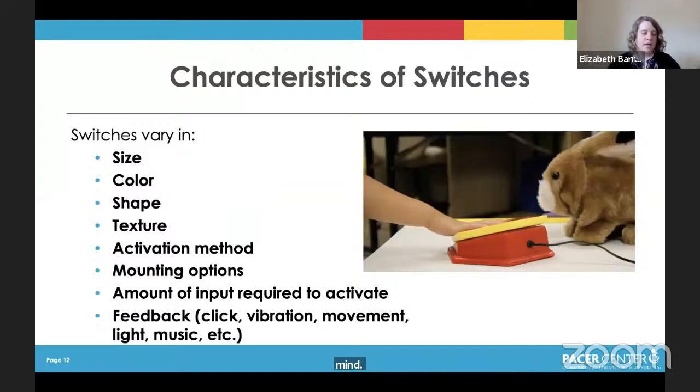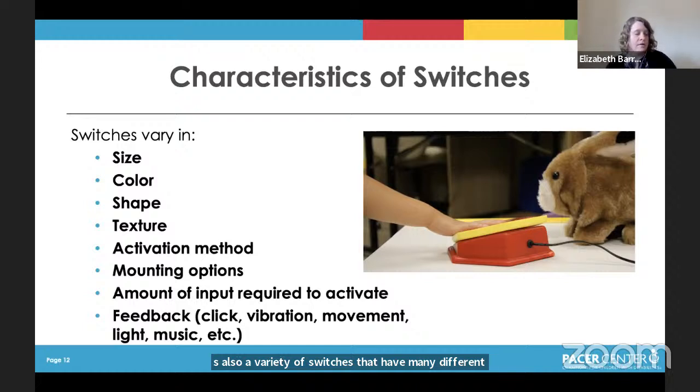All right. And as we dive into our demos here, this will definitely become apparent. But there's also a variety of switches that have many different characteristics. So they can vary in size. We will look at the jelly bean here in just a second. But this switch can come in many different sizes, bigger, smaller, and different shapes and things like that.